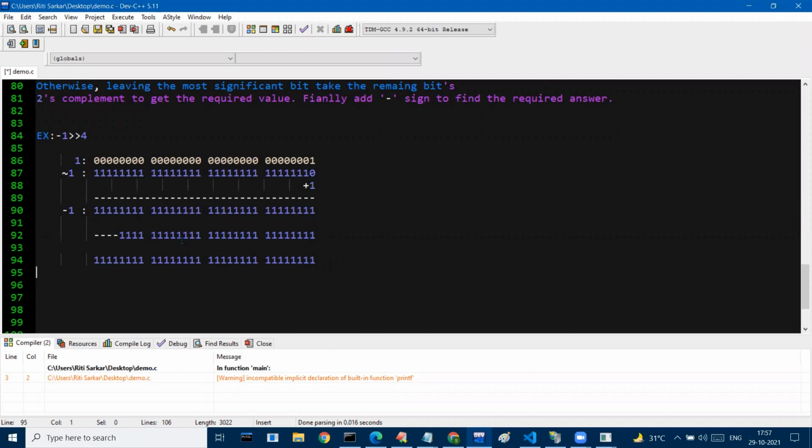Next, after that, what is the thing? Most significant bit verification. What is that? 1. What does it mean? Leave that 1. Take the remaining bits. These are remaining bits, na? Take them. Then what to do? Take its 2's complement. First 1's complement, plus 1.